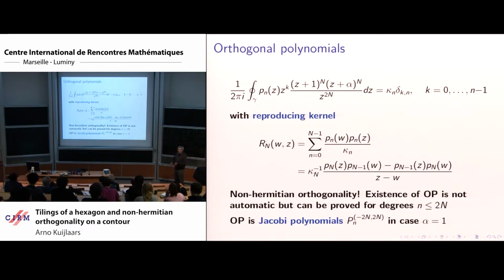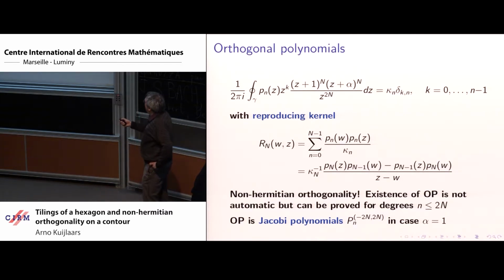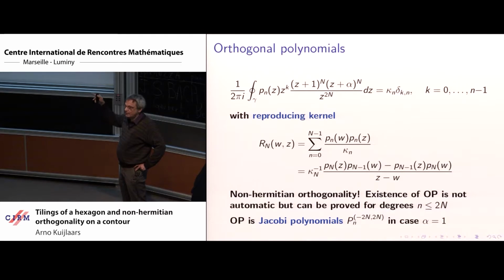But a priori there's no guarantee that there is a unique solution, right? So that's part of the issue, that we have to prove existence and uniqueness of these polynomials. But here again, the Lindström-Gessel-Viennot picture helps us, although I will not go into that. In this case, these polynomials uniquely exist for degrees n going from 0 up to, actually, you can go all the way up to 2 times capital N.